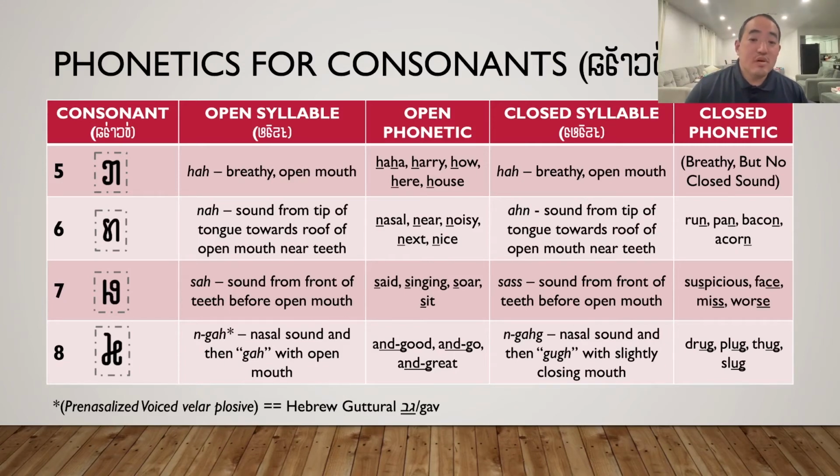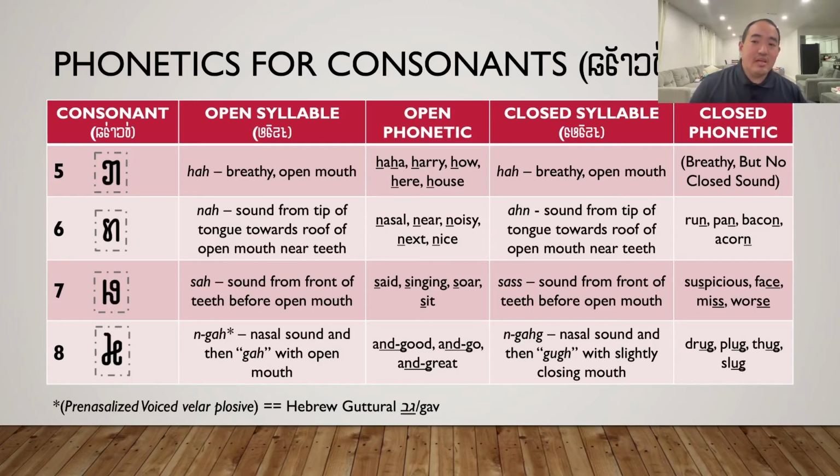Now for the next one, this consonant is pronounced nga, ngug. You'll see here I've marked an asterisk on the open syllable. It's spelled nga, and below you'll see pre-nasalized voiced velar plosive.